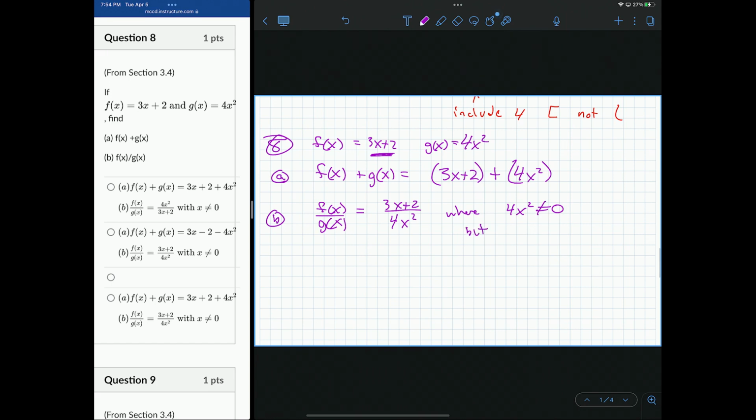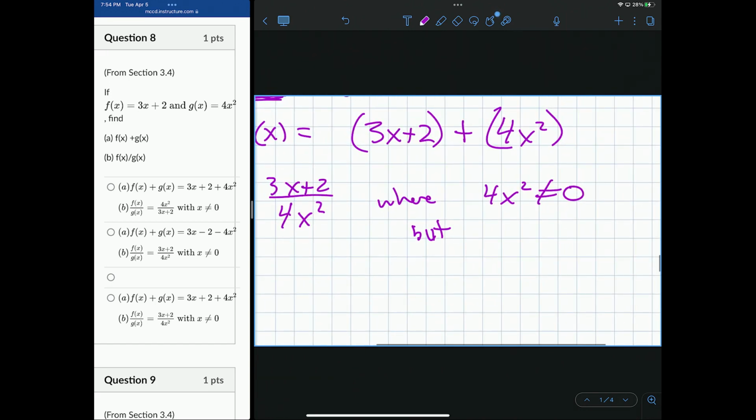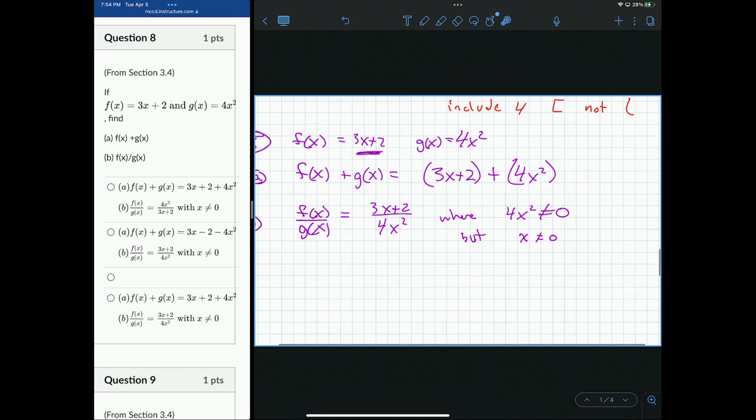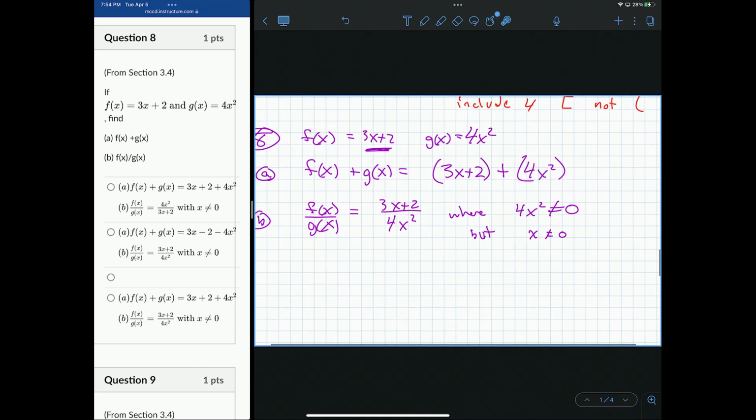But if 4x squared is not 0, that also means that x is not 0, right? Because if 4x squared is 0, then x is 0. So these two are the same condition. So you can write it this way, but you'll notice that I wrote it this way. And then you just pick off the one that matches again.